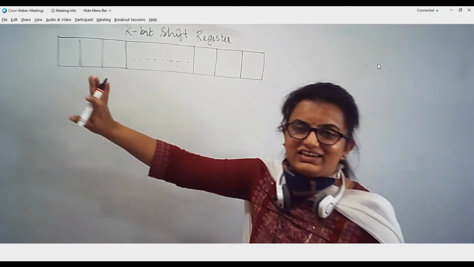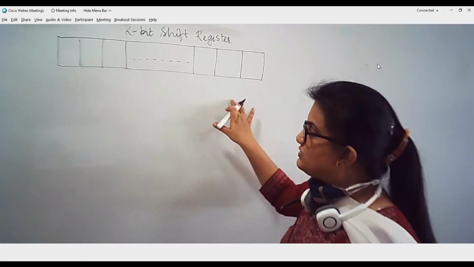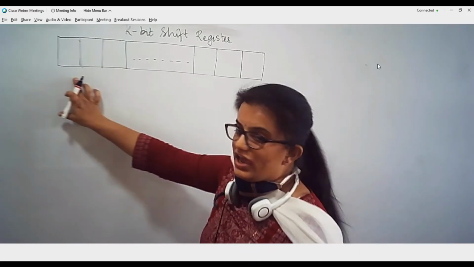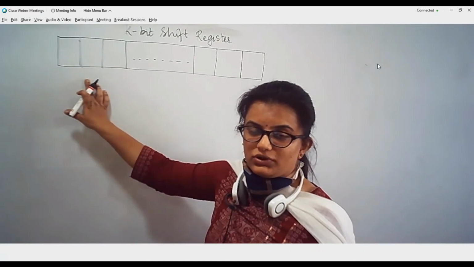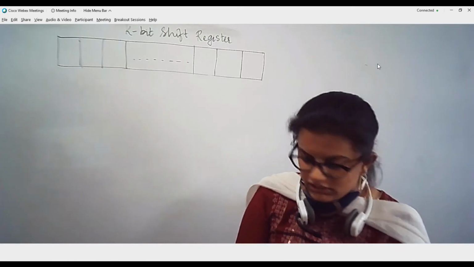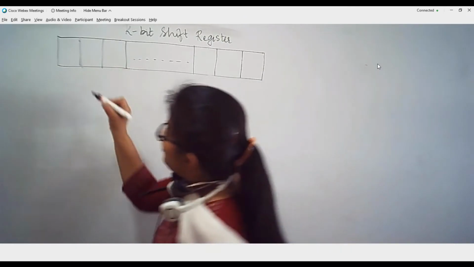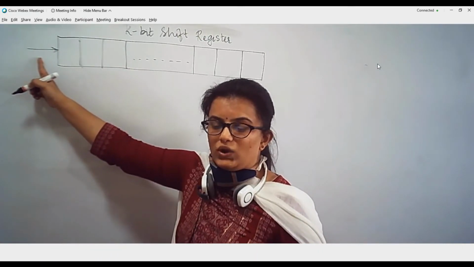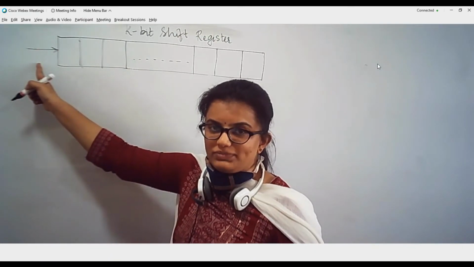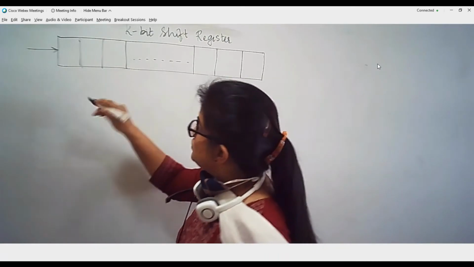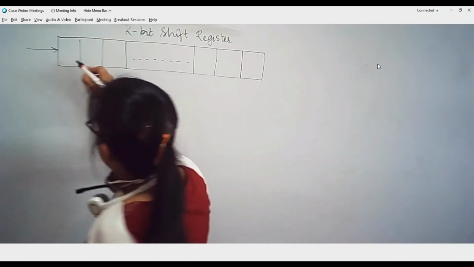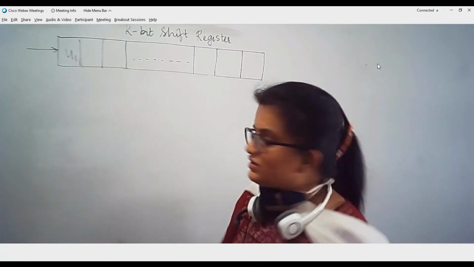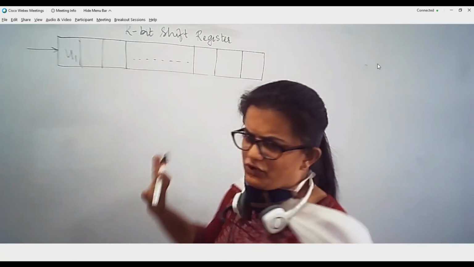Assume that there are k flip flops stacked together, cascaded together, and every flip flop holds one bit of memory. We are going to feed the input bits through one of the flip flops. In the first clock cycle, U1 will go in, and the rest will hold some junk information.